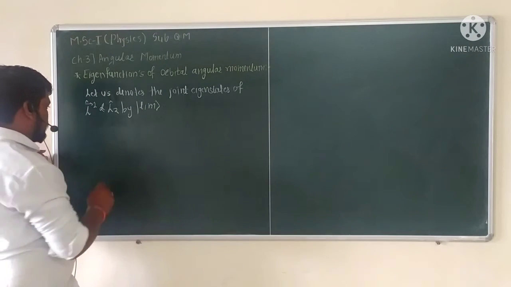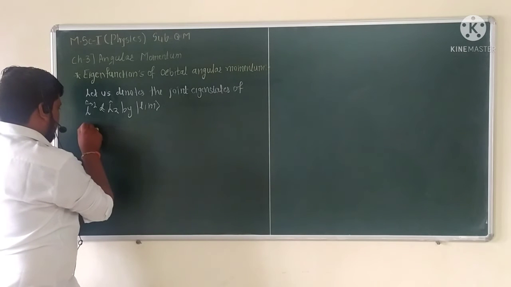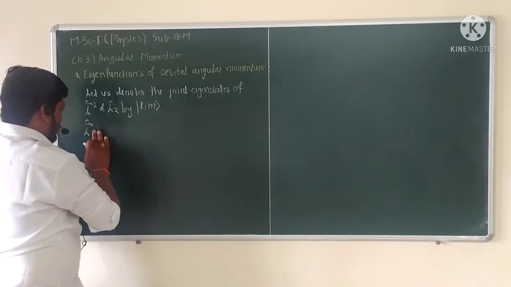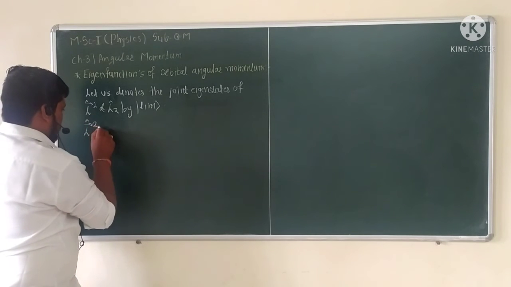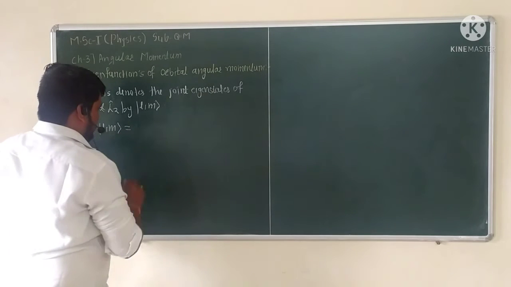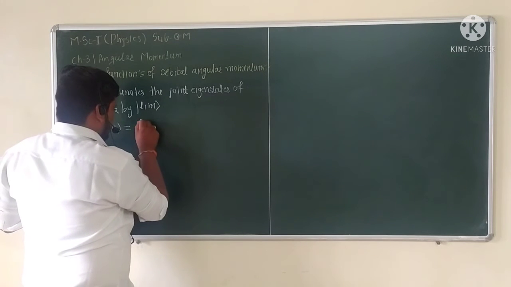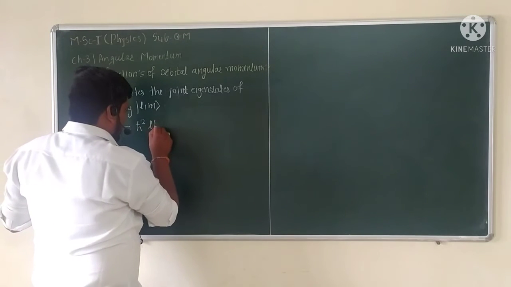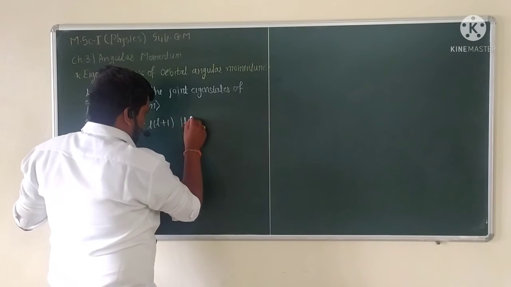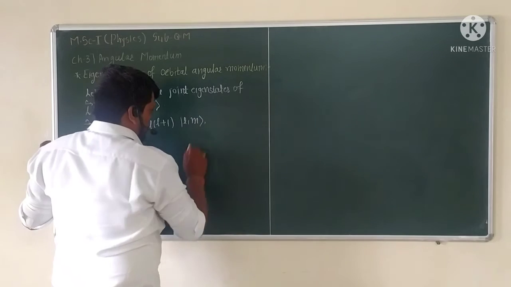We have to know the formula: L cap square acting on |L, m> is nothing but h cross square L into (L plus 1) times |L, m>.